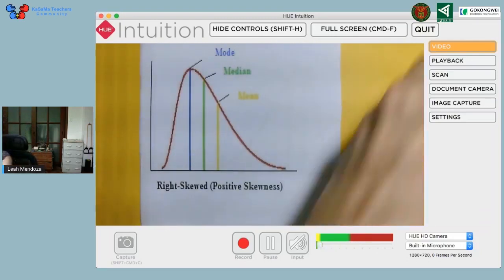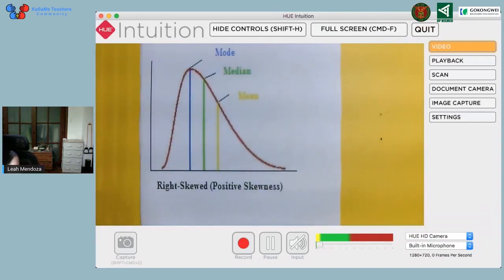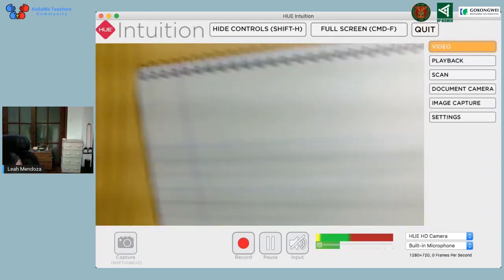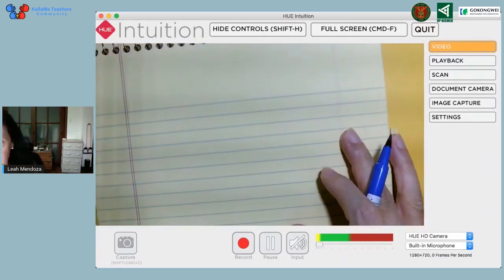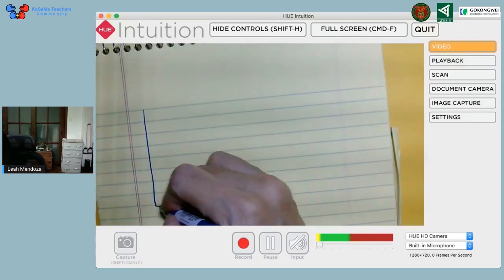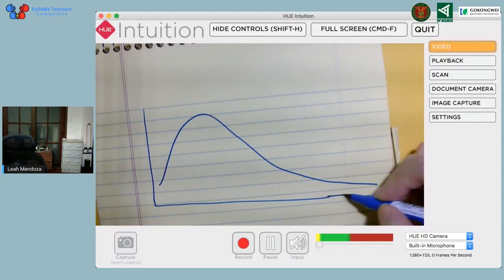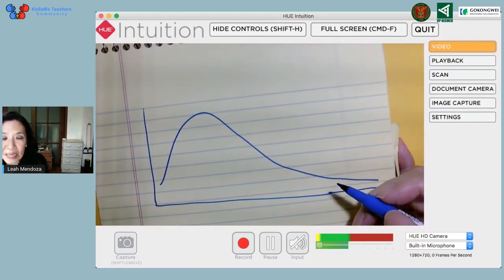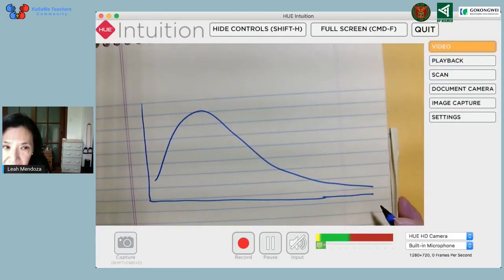So for a positively skewed distribution, what happens? You have something that looks like this. And one example that follows this kind of curve is income.